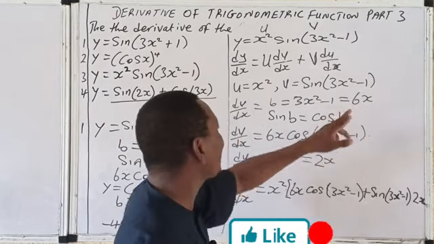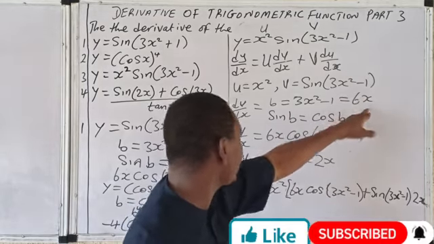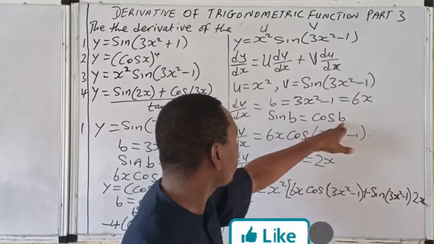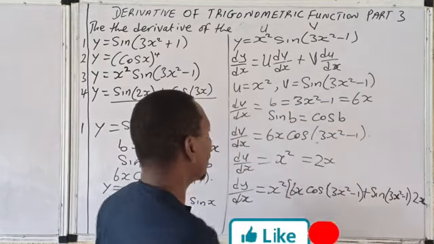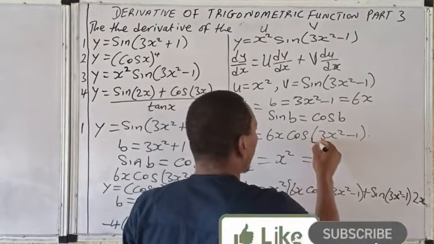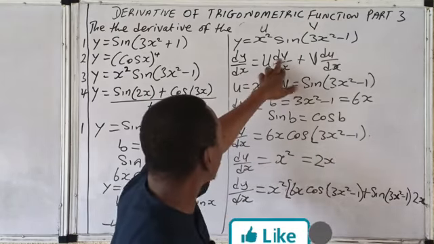Now, what I did is to multiply this and this, which I did. 6x is here, cos. Then what is b? b is this. I just drop it down. That's what we have here. So I also differentiated. So we have looked for dv/dx.